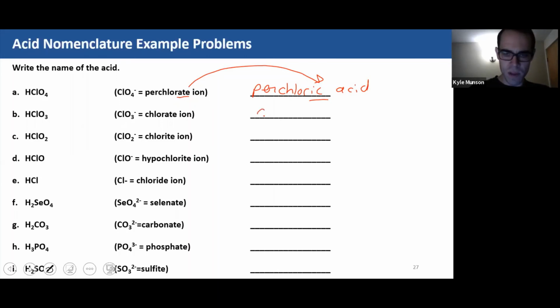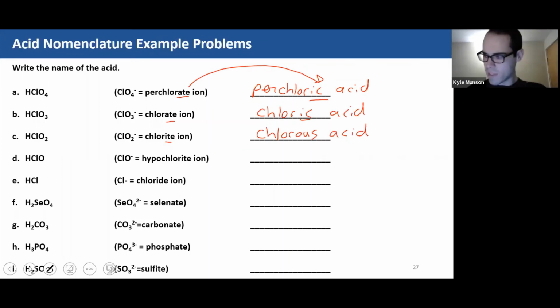So this is going to be chloric acid. Again, the ate gets turned to an ic. This is a chlorite ion. So that gets changed to chlorous. So chlorous acid.